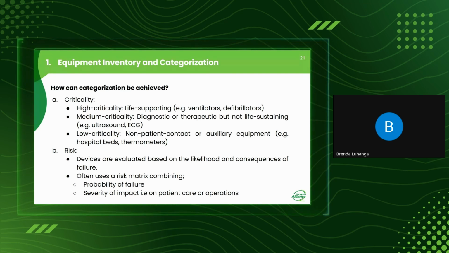With this, you can separate those devices that are likely to cause an accident, or those that have high consequences of failure on one side, and those that are not likely to cause risks on the other side.